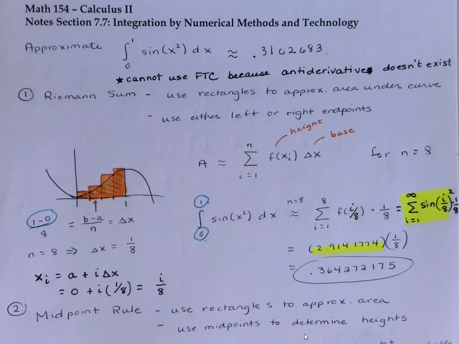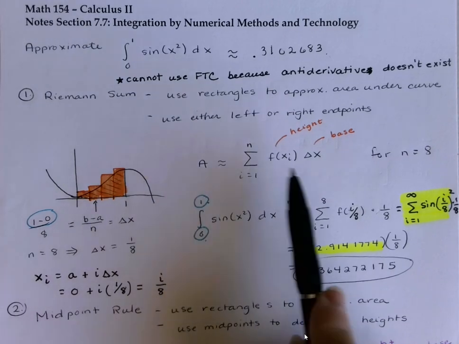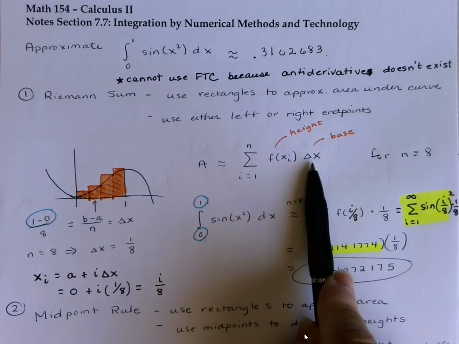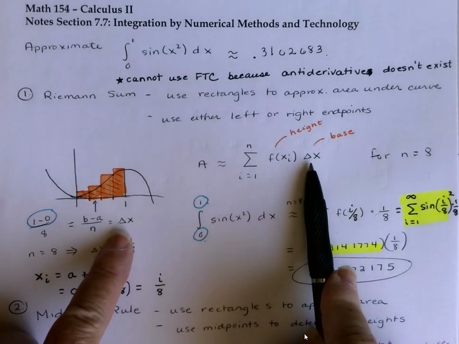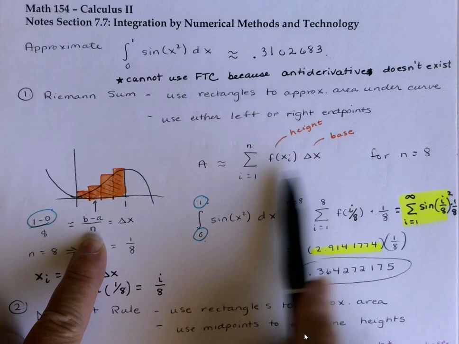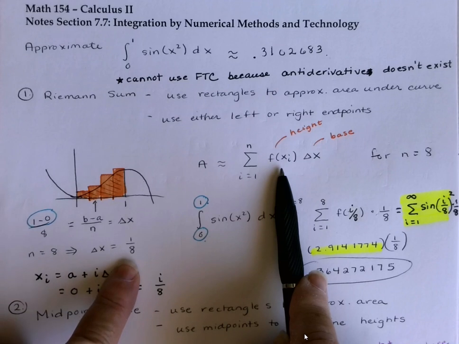Quick reminder of how we did that. This was our area formula. For each rectangle, we took the base times the height. The base, delta x, was b minus a over n. I'm going to do an 8 rectangle, n equals 8 approximation. So for our purposes, that would be 1 minus 0 over 8, giving me a delta x of 1/8.